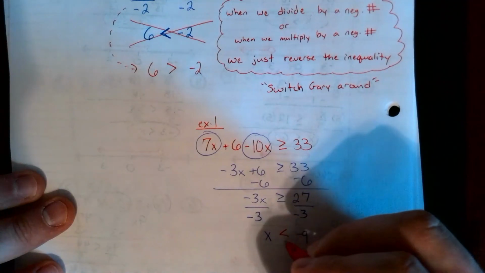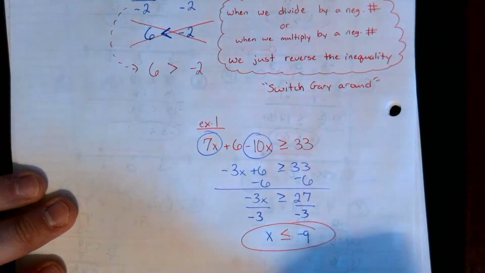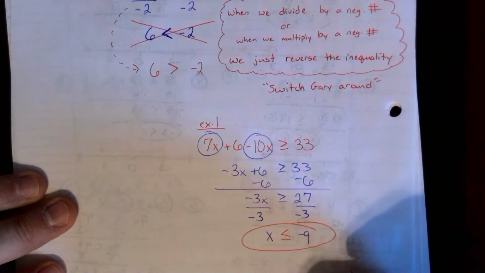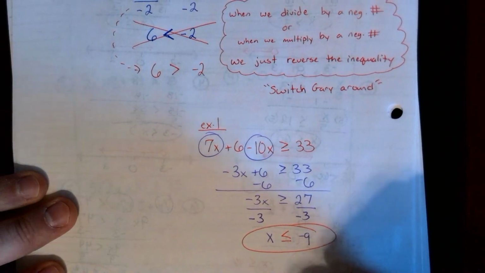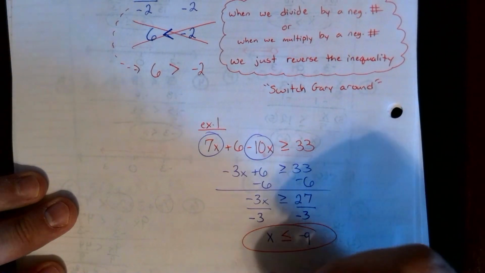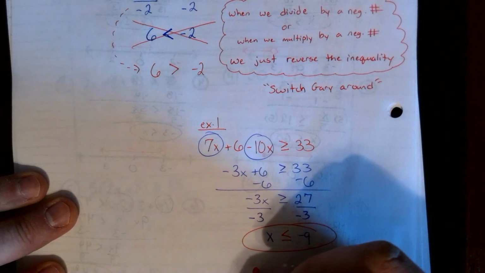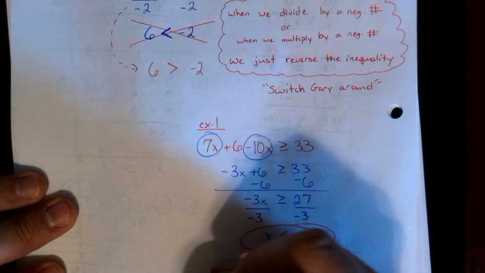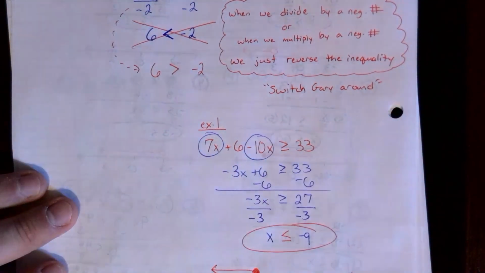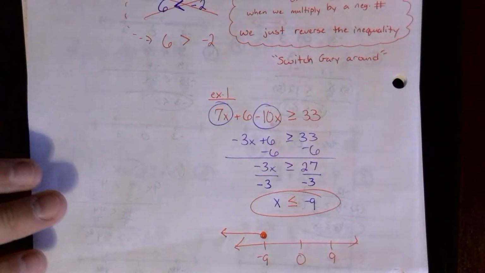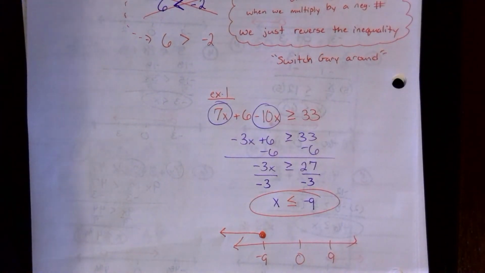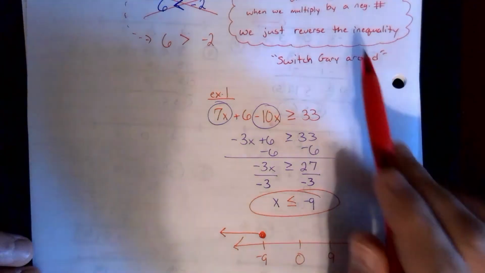So I flip it around so it goes that way, and that's my answer. You go ahead and graph it on a number line. Hit negative 9, solid circle, and my answer is smaller than negative 9. Again, you can't quite see that. There's my answer. Okay? All right, so the only difference is that one rule right there.